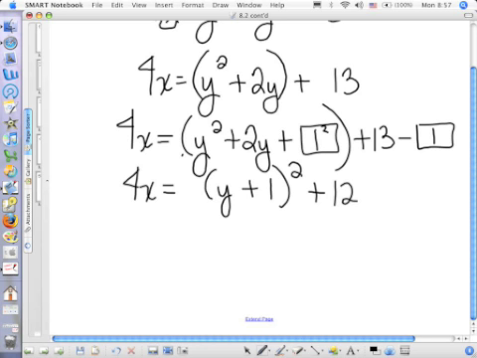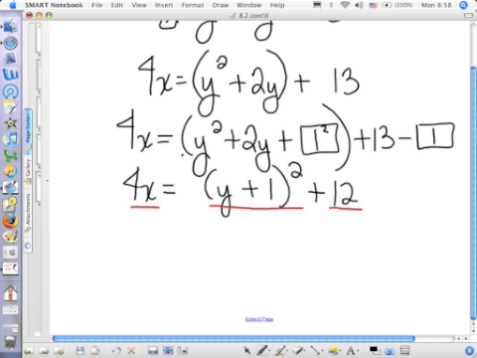How many terms are we looking at in this last line? 3. This is a term. This is a term. And this is a term. Remember, big plus or minus signs that are not included in a group separate terms. So I've got to divide 3 terms by 4.